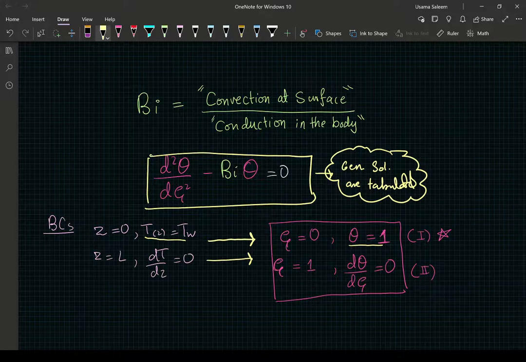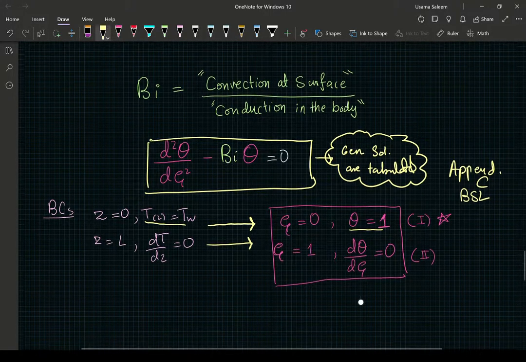You can use their knowledge at the back of their textbooks in the appendices. The appendix that I'm using is Bird Stewart Lightfoot, Introductory Transport Phenomena, first edition, Appendix C, I believe. From BSL, the OG Transport Phenomena textbook.